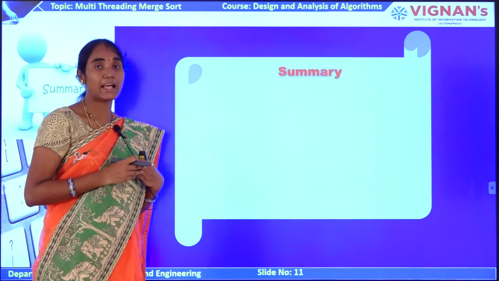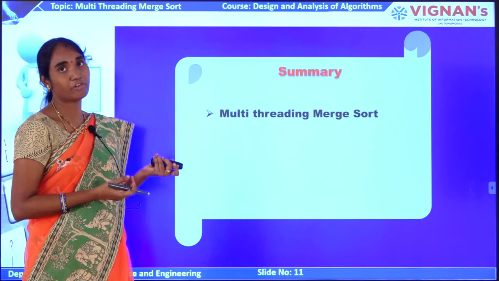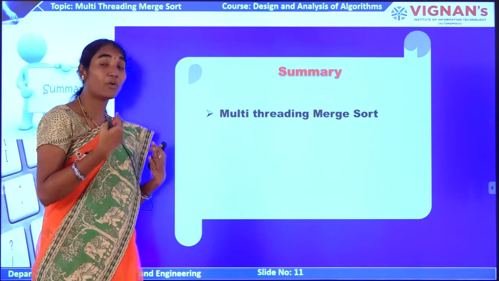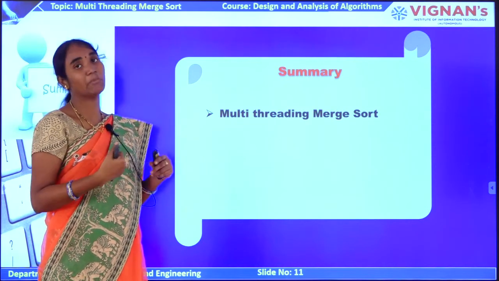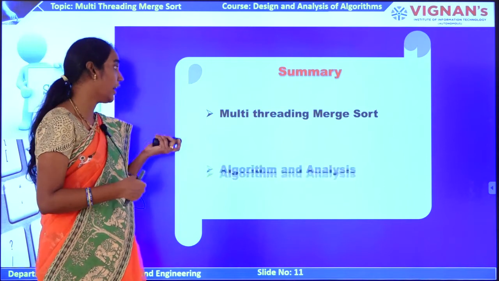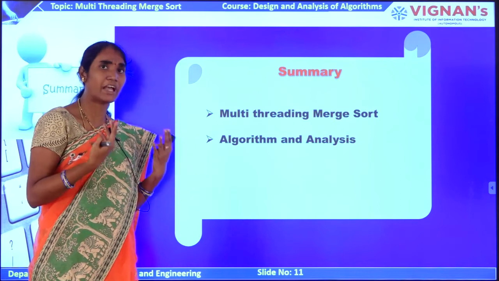In today's class we have seen the serial version of merge sort, that is with the help of divide and conquer, and also we have seen the parallel version by incorporating the multi-threading concept into the merge sort algorithm. We have also seen a simple algorithm where I have 3 threads.